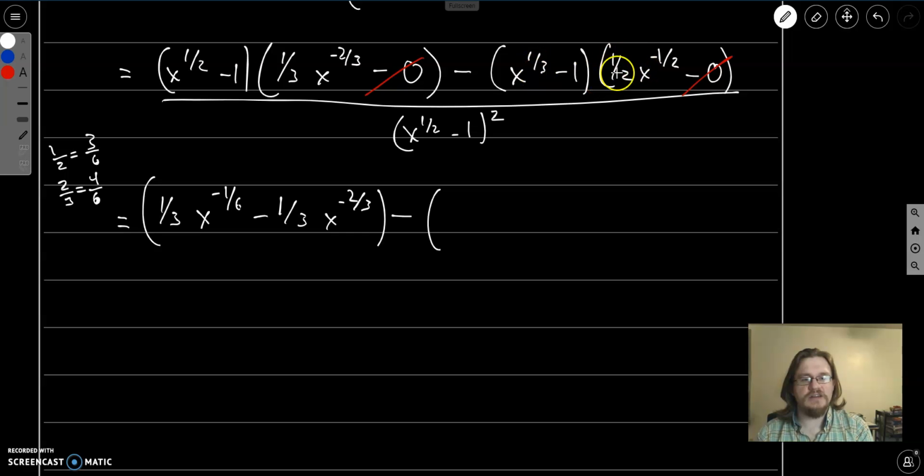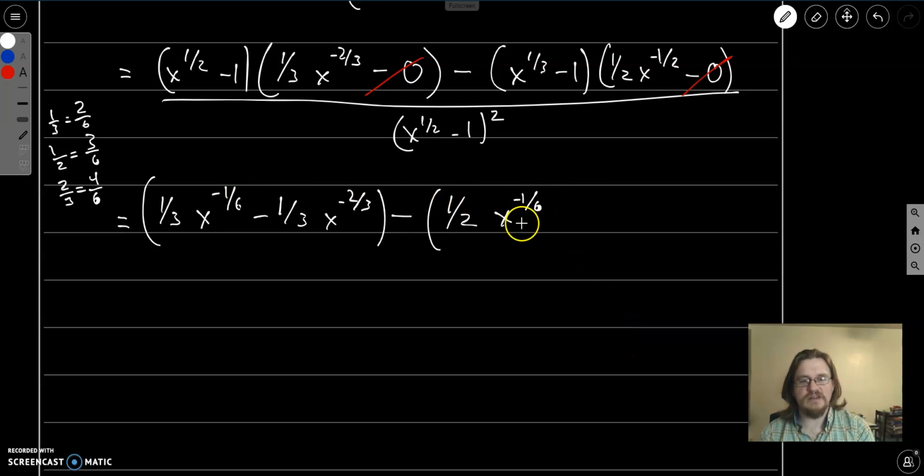1/3 times 1/2 x to the negative 1/2. Again, the factor of 1/2 sticks around. And x to the 1/3 times x to the negative 1/2. So 1/3 is going to be the same as 2/6. So 2/6 minus 3/6. Well, that's x to the negative 1/6.